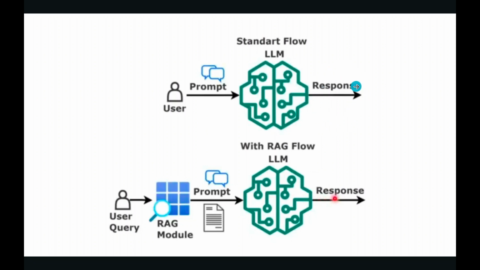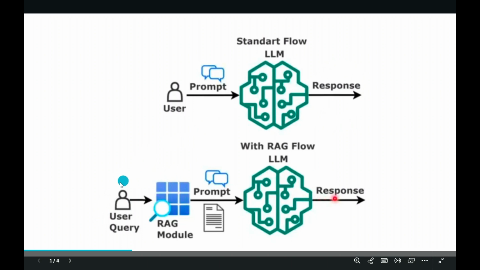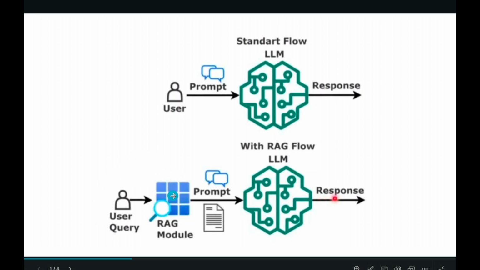To overcome these limitations, we use a RAG module, which means that a user query is given to the RAG module. Then the RAG module fetches the content related to the user query with the help of similarity search algorithms. The user query and the related content are given to the prompt. Then the prompt is given to the LLM model.